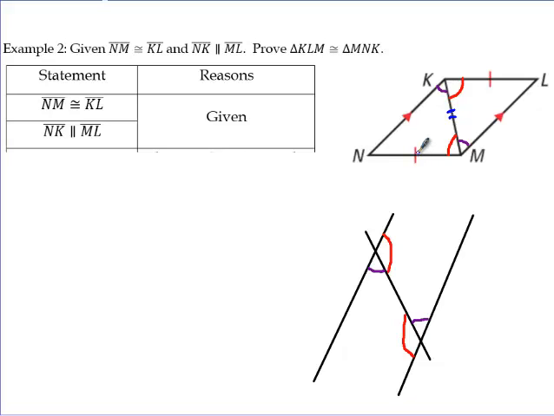ASS is not a valid congruence theorem. If you can't say it at school, you can't use it in math. Side angle side has to have the included angle, the angle that is between these two sides. So no matter how much I love the color purple, we are going to have to go with the red angles.